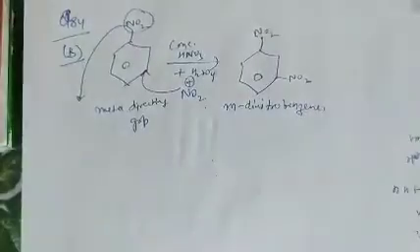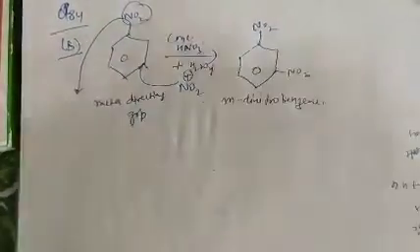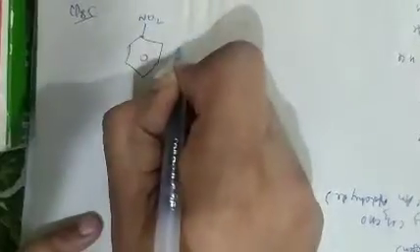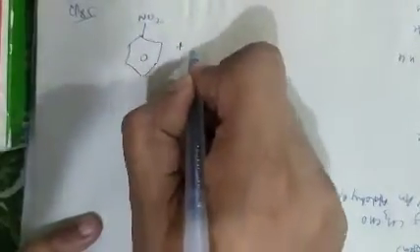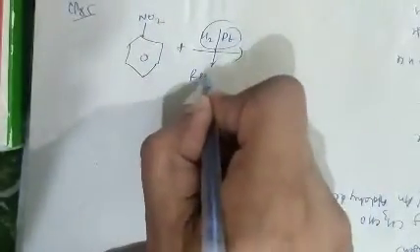See question number 85. In question number 85, what is given there? Nitrobenzene combines with hydrogen in presence of platinum. As we know that when nitrobenzene reacts with hydrogen in presence of platinum, this is a reducing agent.